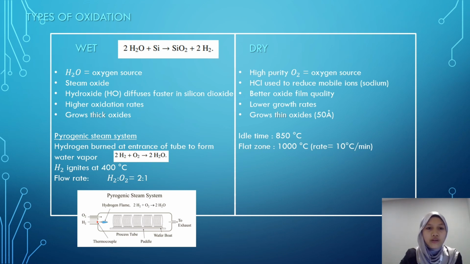It uses a pyrogenic steam system, which burns hydrogen at the entrance of the tube to form water vapor. For dry oxidation, high purity oxygen is used as the oxygen source, and hydrochloric acid is used to reduce mobile ions such as sodium. It has a lower growth rate, so it is used for thin oxides under 50 angstroms. However, it produces a better oxide film quality.